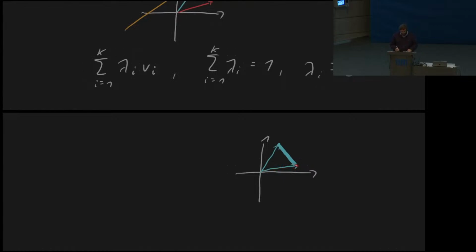And if I wanted to go further, down here, right? I'd need to extend this vector and go in the negative direction of the other one, like this, for example. I can do this in affine combinations. I can't do this in convex combinations. That's the difference.